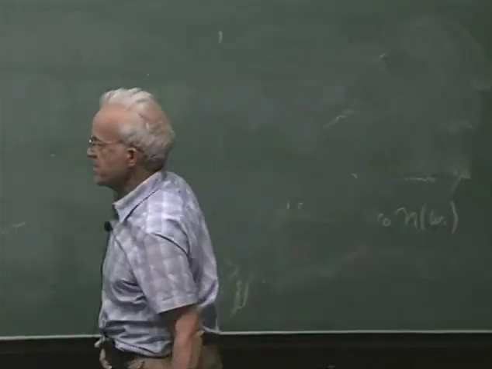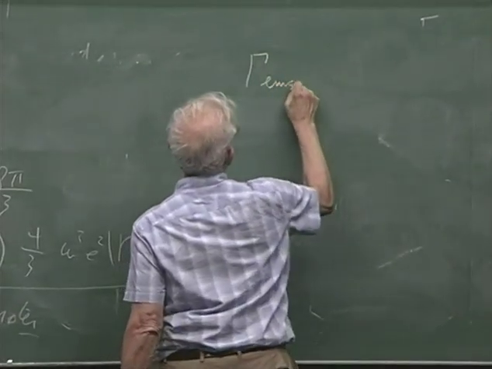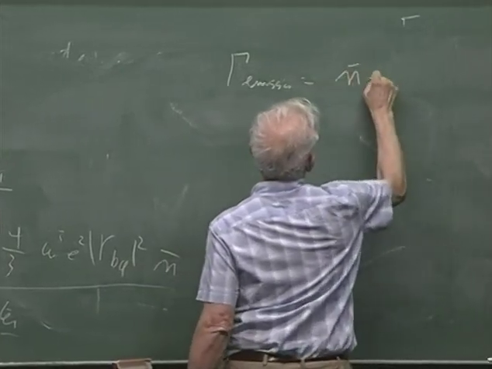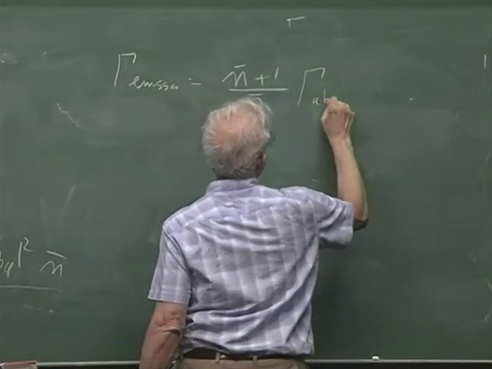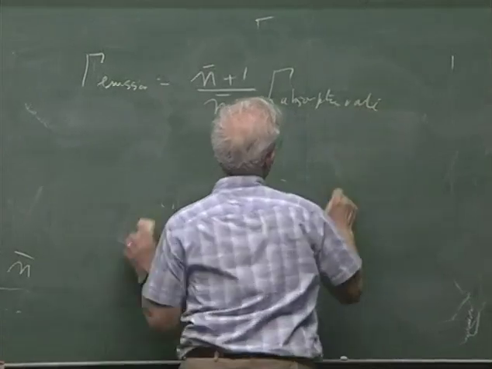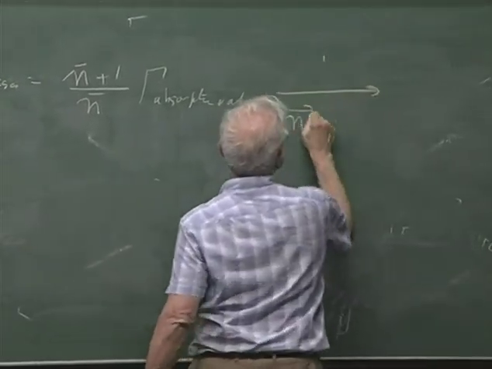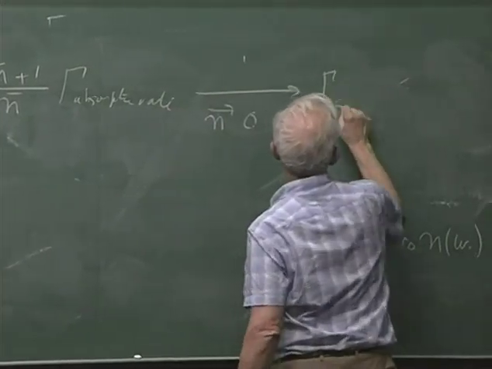The emission rate is just going to be equal to n bar plus 1 over n bar times the absorption rate. And this goes then in free space when n bar goes to 0. This is what we call the spontaneous emission.